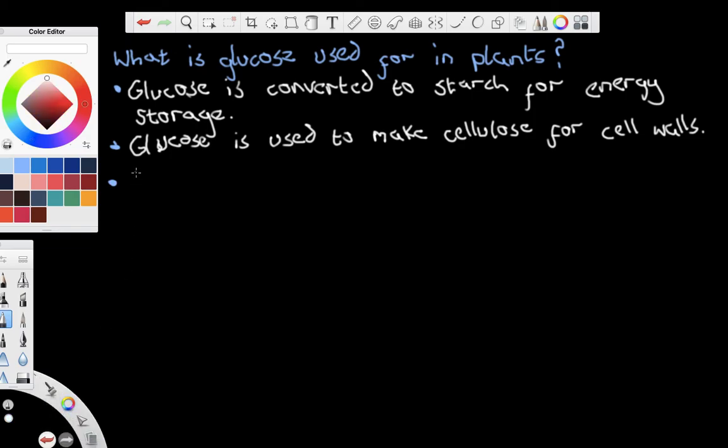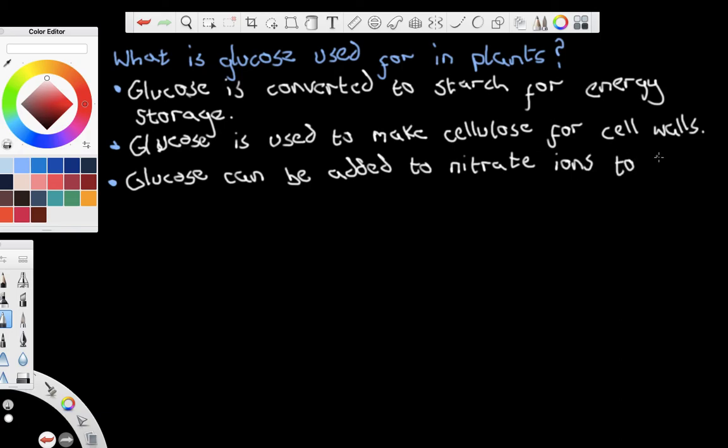So glucose can be added to nitrate ions to make amino acids for proteins.